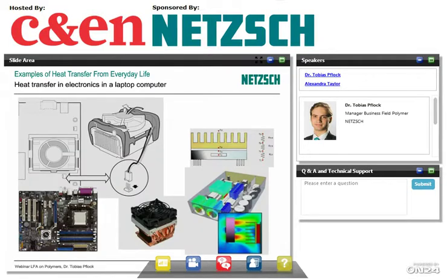Well, let's start with some motivations, examples of heat transfer, and actually anywhere where you have a certain thermal profile in the parts you work in. Here is an example from electronics. You have some processor that is producing some heat, and you're trying to get rid of this heat by applying different conductive materials.